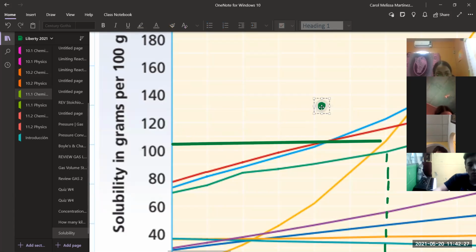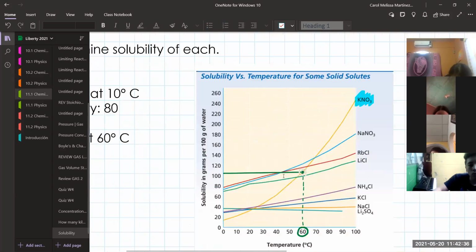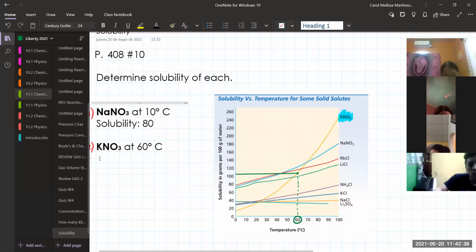So we could say that it is approximately equal to 105. So the solubility here is approximately equal to 105. So that's what you have to do with that kind of exercise.